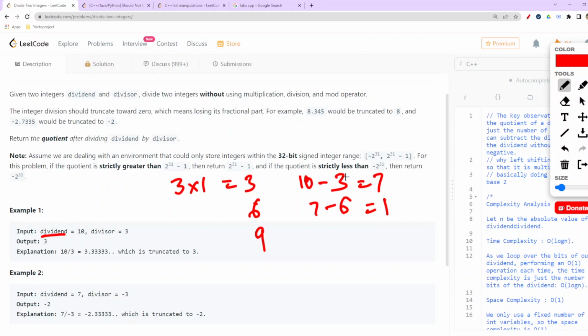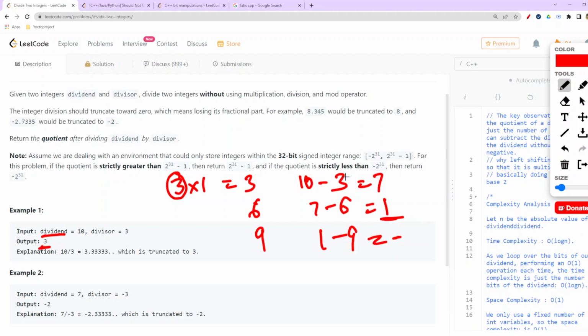Moreover, one more thing is that as we continuously subtract, we also need to keep a check on the remainder. Now this is the remainder here, and then 1 minus 9 would be a negative number, right? But still our answer is 3 here.